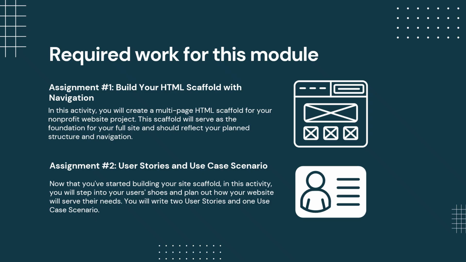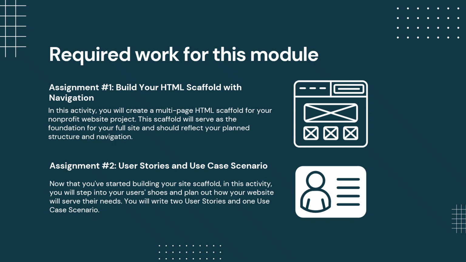Okay, so just a review of what's required for this module. You're going to have an assignment where you're going to build your HTML scaffold with navigation. In this activity, you're going to create a multi-page HTML scaffold for your nonprofit website project. This is going to serve as the foundation for your full site and should reflect your plan, structure, and navigation.